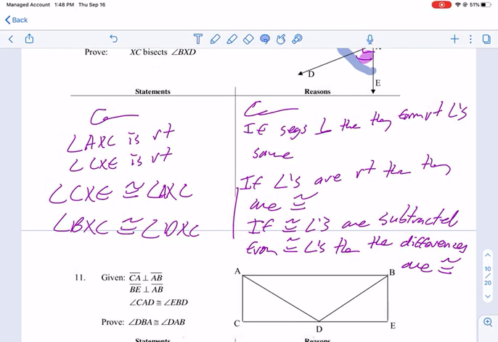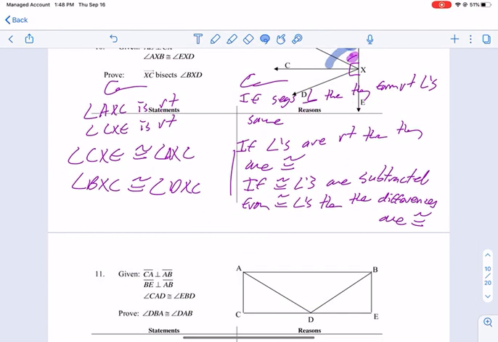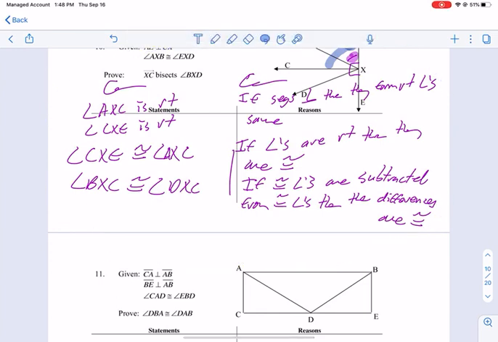Okay, so we haven't said that they bisect it yet. And I ran out of room, so I'm going to kind of shift everything up a little. So now I can say ray CX bisects angle BXD because it divides it into two congruent angles.